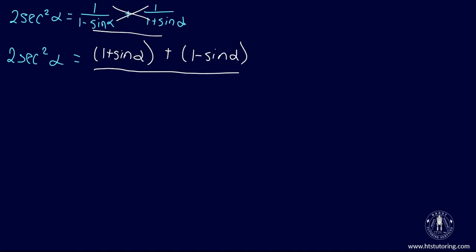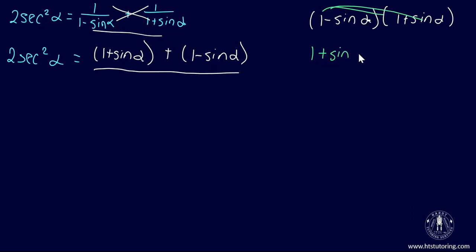Now I'm going to multiply the bottoms. I'm going to come over here and multiply the bottoms out. So 1 minus sine alpha times 1 plus sine alpha. I don't know if you were taught the FOIL method, but basically I need to distribute the 1 through this other set, and distribute negative sine alpha through this other set. I multiply the 1 through, so I get 1 plus sine alpha.